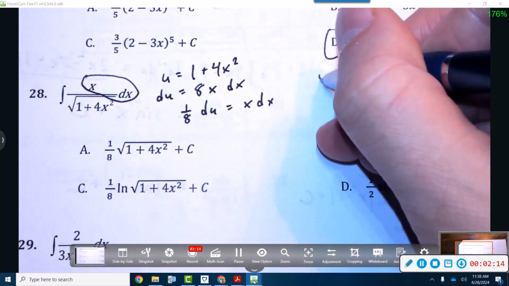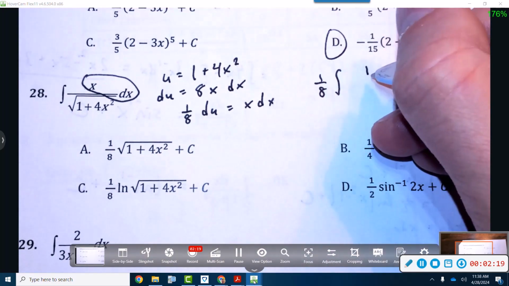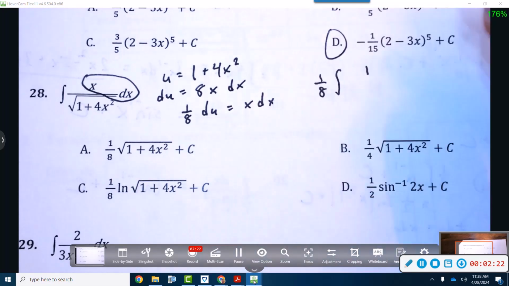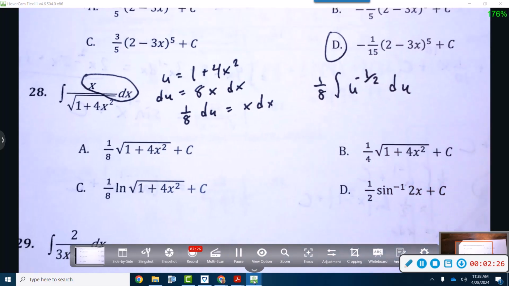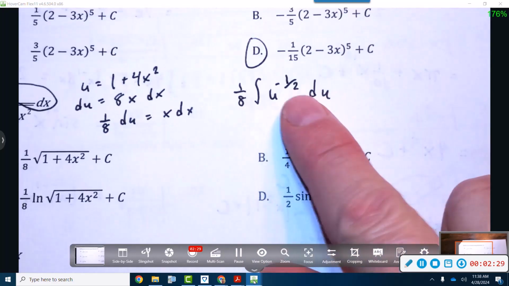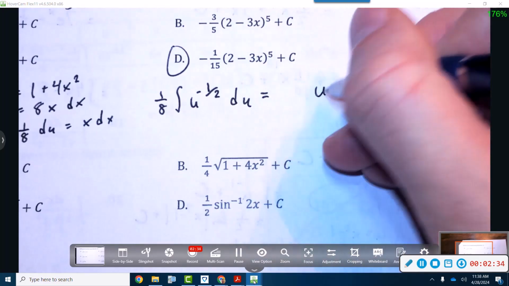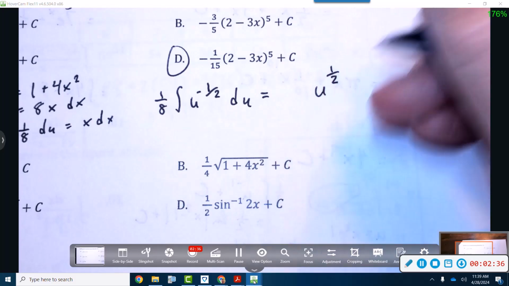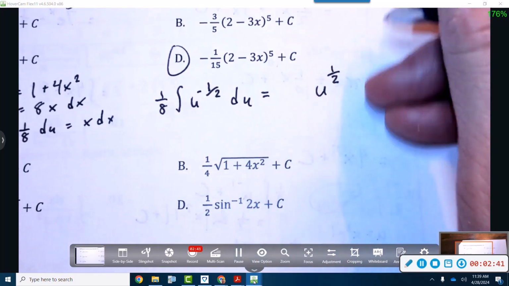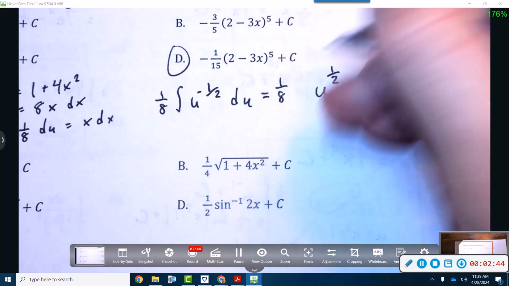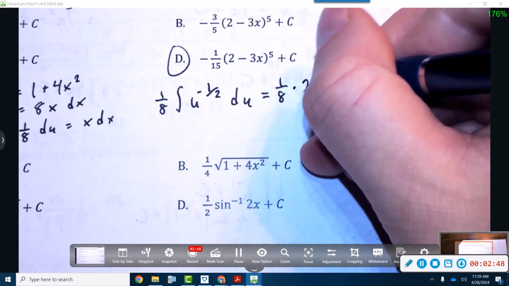All right. Now with that, we have 1/8 du equals x dx, and that is right there. So we will put the 1/8 in front of our integral here, so that we have 1 over the square root of u, which is u to the -1/2 du. Okay, now even though it's -1/2, it makes it just simpler. We're going to add a degree, so we're back to positive, okay? But because we need a 1/8, that 1/8 is there, so we're going to multiply. There's not one here though, so we will multiply by 2.